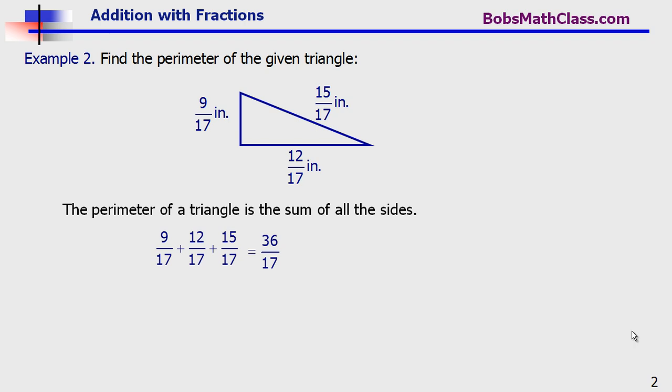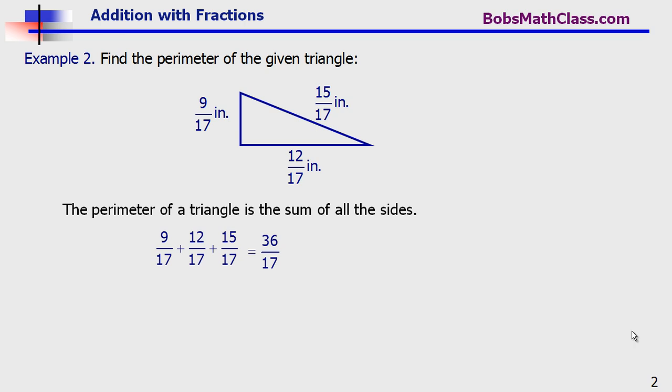What is it called when the numerator is greater than the denominator? Right, it's called an improper fraction. So go ahead and change that into a mixed number by dividing the denominator into the numerator. So 17 into 36. You always do that when the top number is larger than the bottom number.